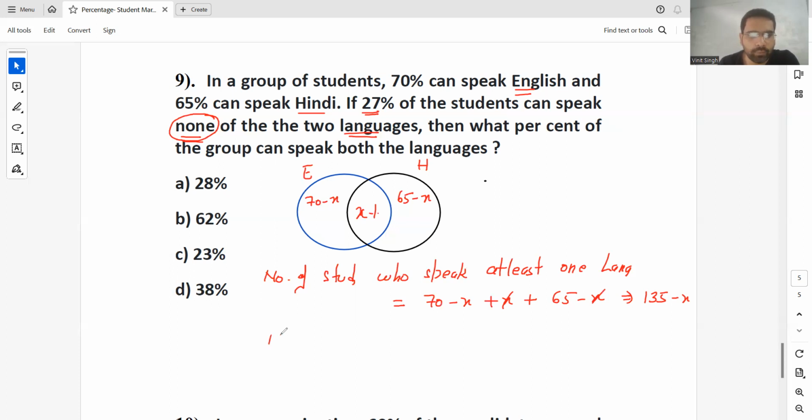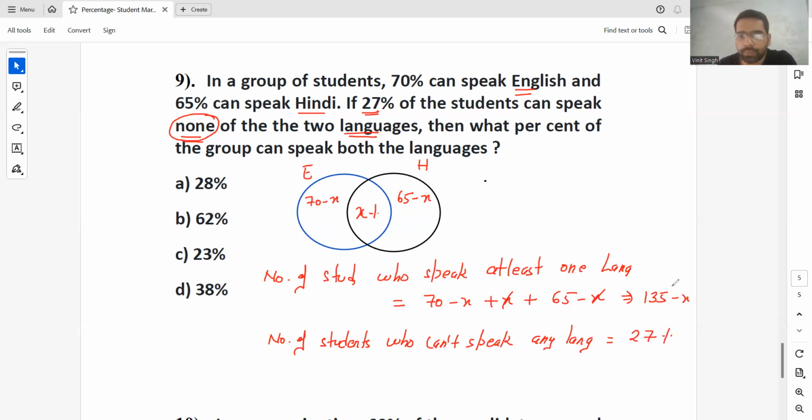So the number of students who can't speak any language is equal to 25%.